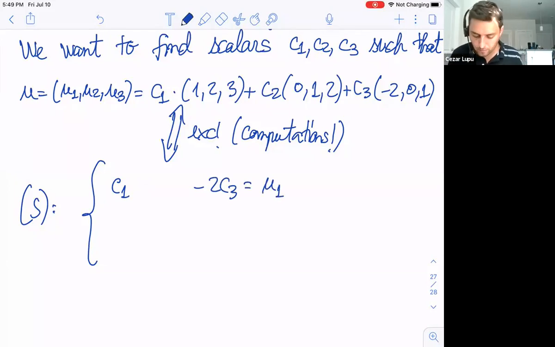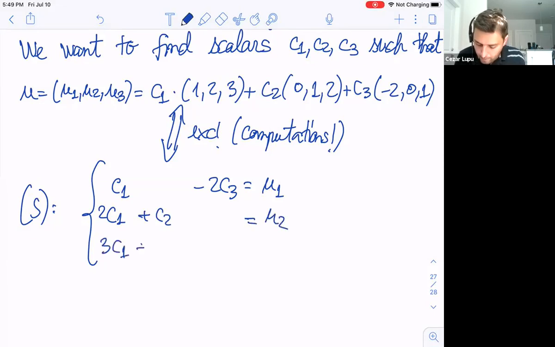Then you'll have 2C1 plus C2 equals U2. And the last one, you will have 3C1 plus C2 plus C3 equals U3.